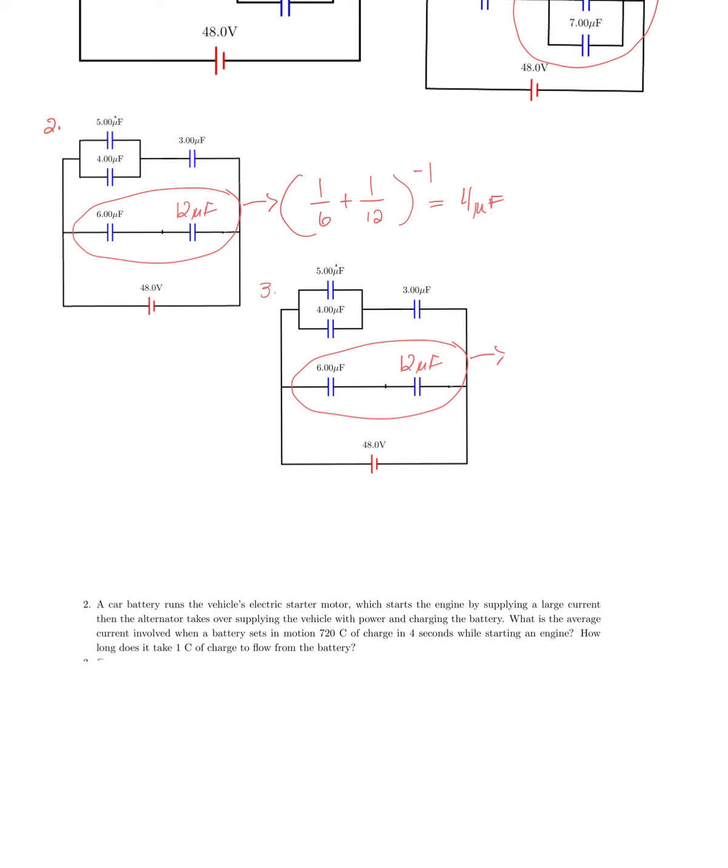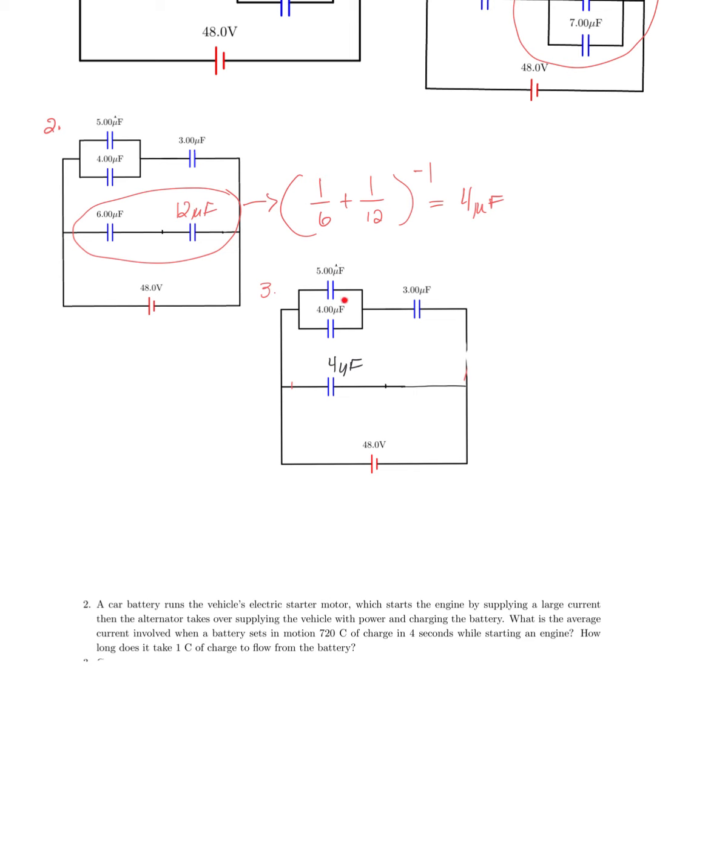And then we're going to combine these two, which is what we just did, into just one capacitor. And this one has an equivalent capacitance of 4 microfarads. Well, now our goal is to get everybody in series.